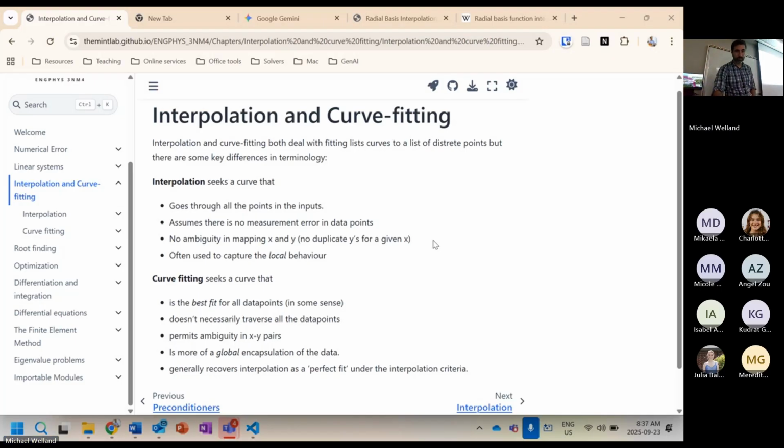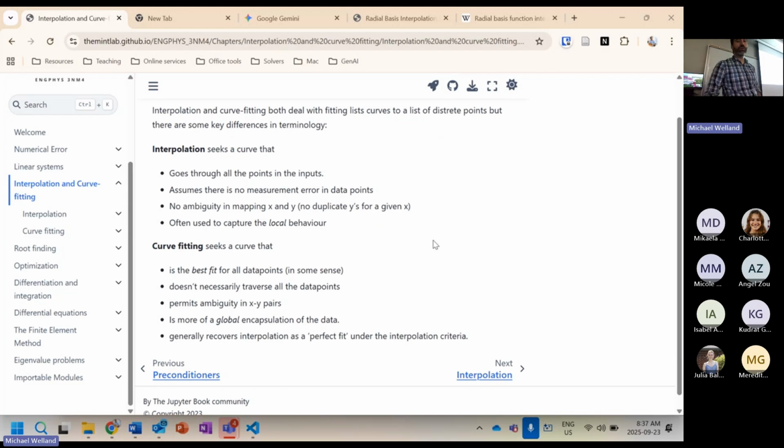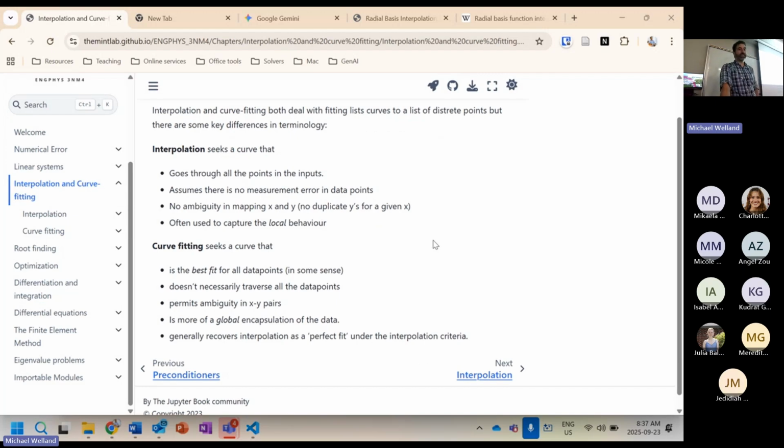Okay. In contrast, curve fitting seeks a curve that's a best fit for the data points. Who knows what best fit is? There isn't a great definition for what best fit is. Typically, what they're talking about is the root mean error. Or rather, R being the residual, the difference between your prediction and your actual value.